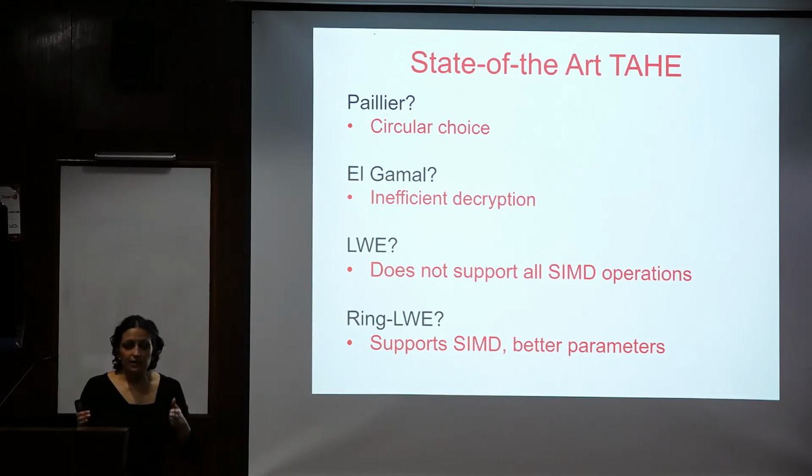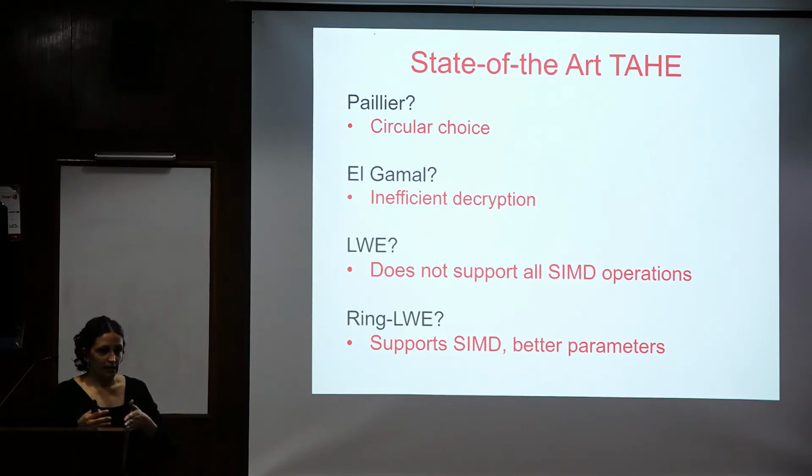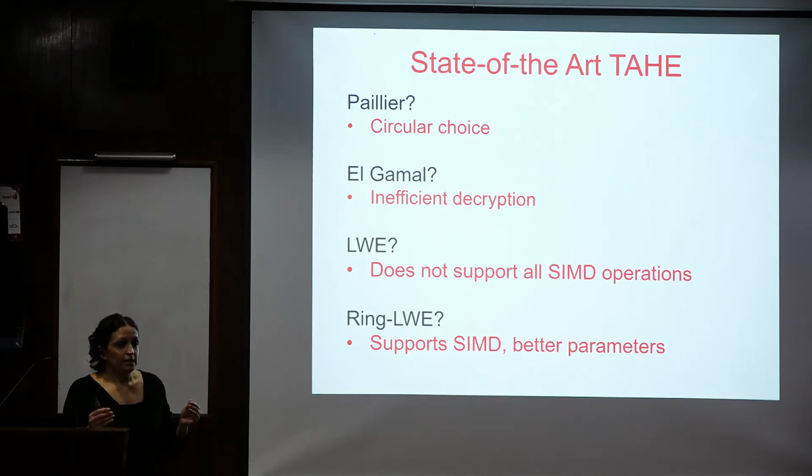And the reason it supports packed operations is because you can view the ciphertext and the plaintext as a polynomial. And now you can encode within a single ciphertext a block of values that are encoded within a polynomial.